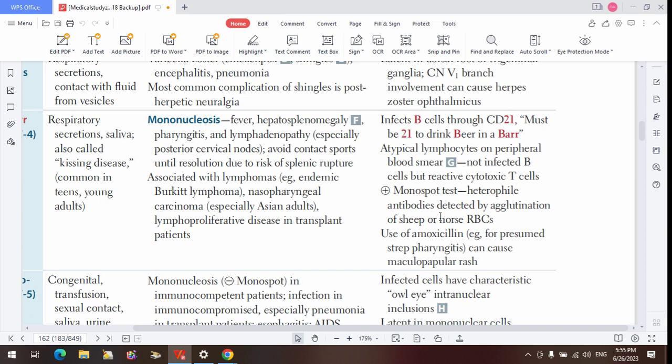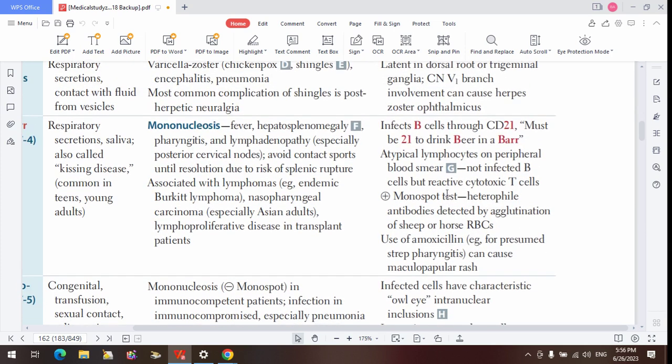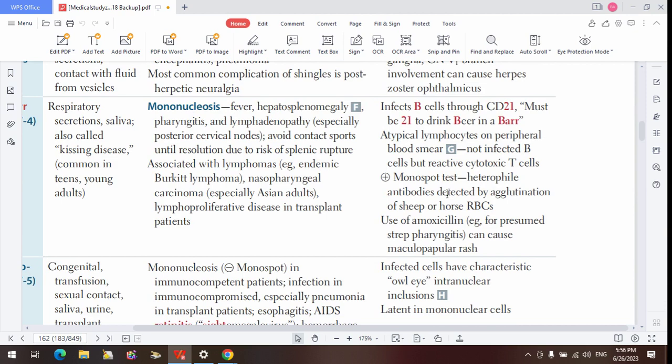Okay, so that is Toxoplasma gondii. The heterophile test is negative for Toxoplasma. Is it the same thing as monospot? Yes, monospot or heterophile antibody test.